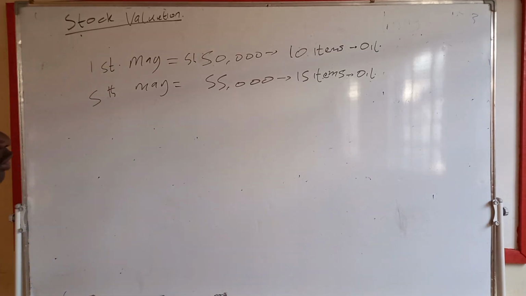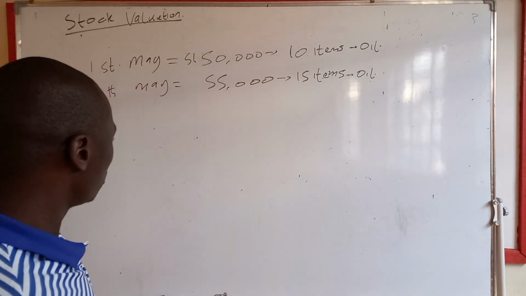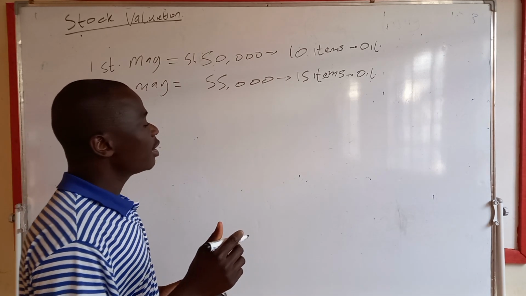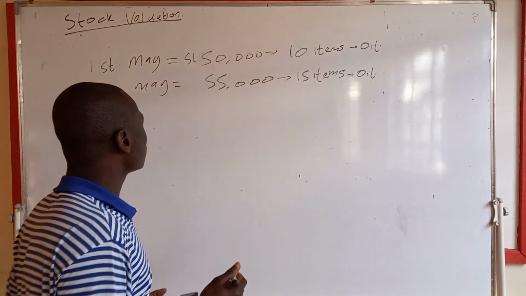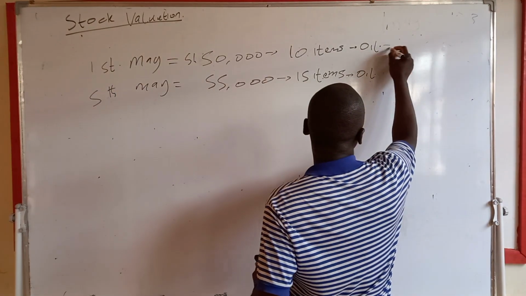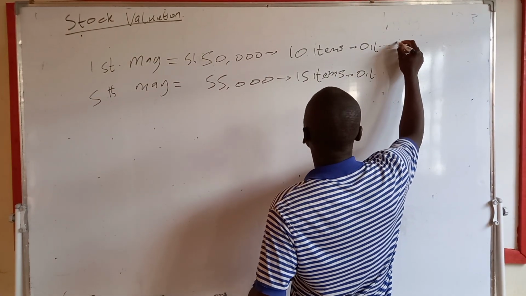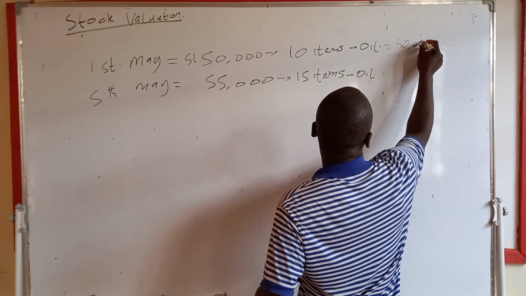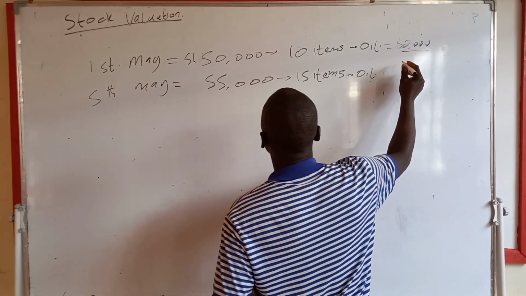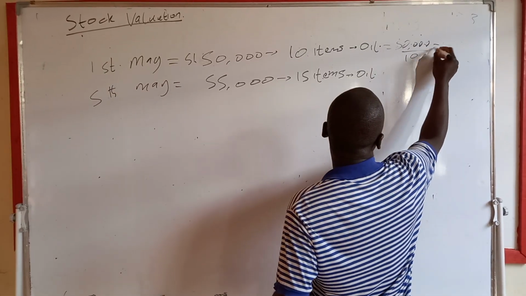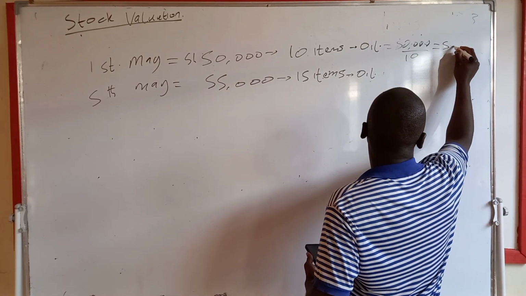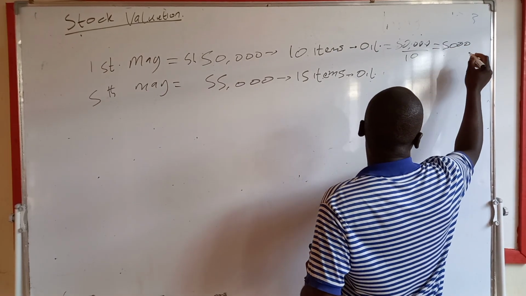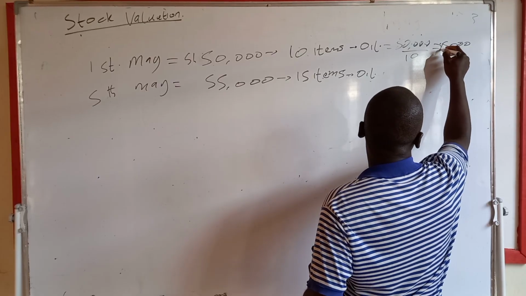But what are we really looking at? What about their cost per unit? You find that this one would be 50,000. You divide it by 10. This gives you 5,000 shillings each.